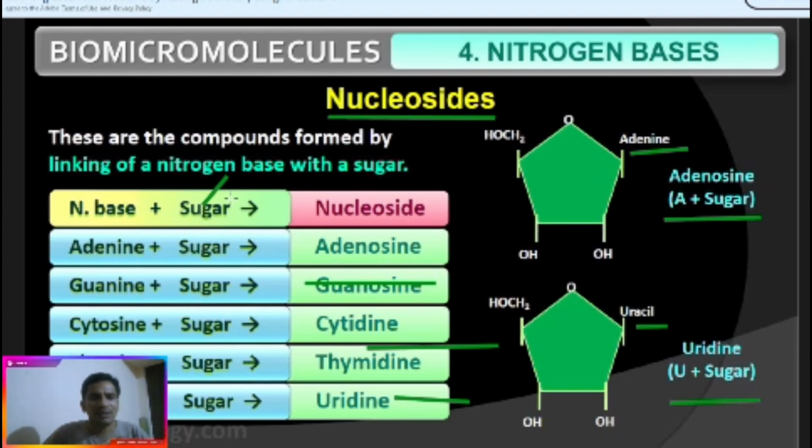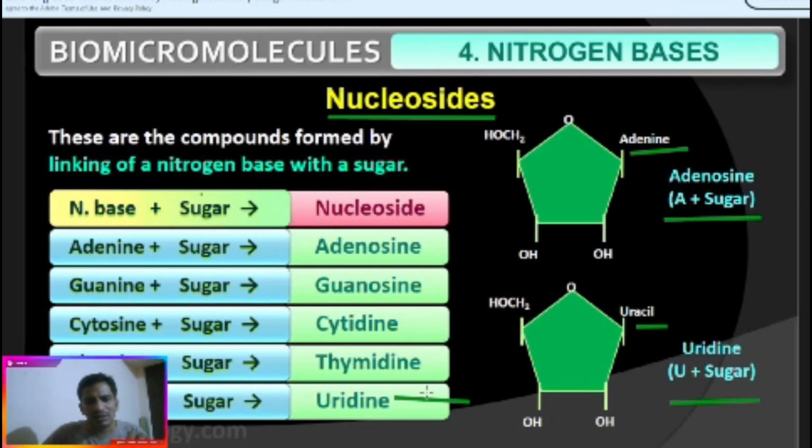Carefully observe the slide and you can easily understand. Nucleosides mean nitrogen base plus sugar. Adenine is a nitrogen base and guanine, these two are the purines. CUT, I told you, are the pyrimidines. If you add sugar to these, you get the nucleoside.